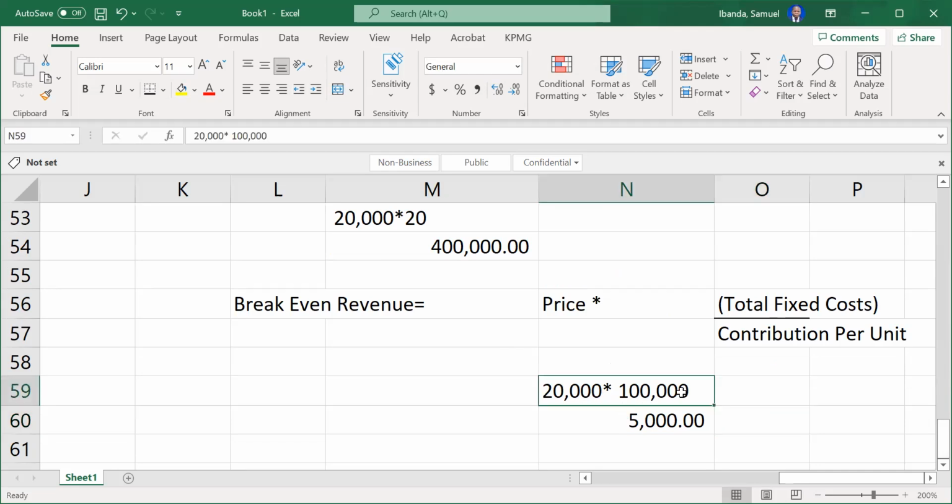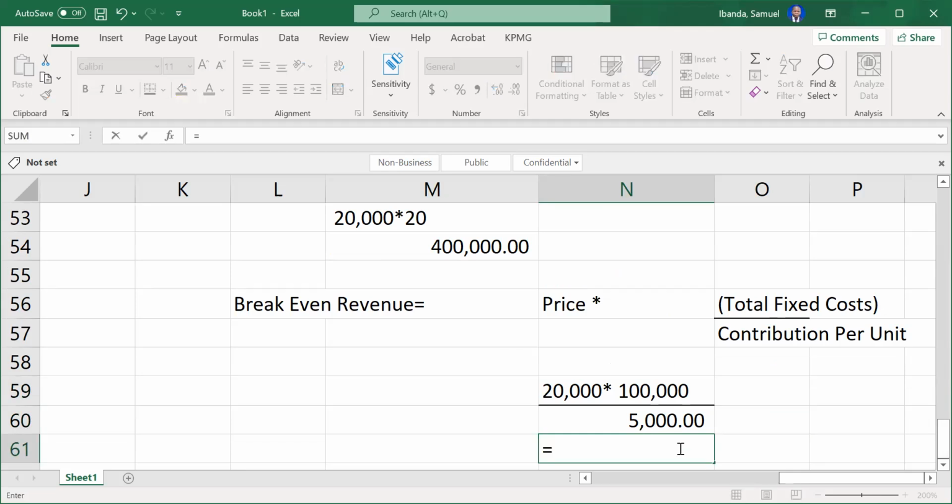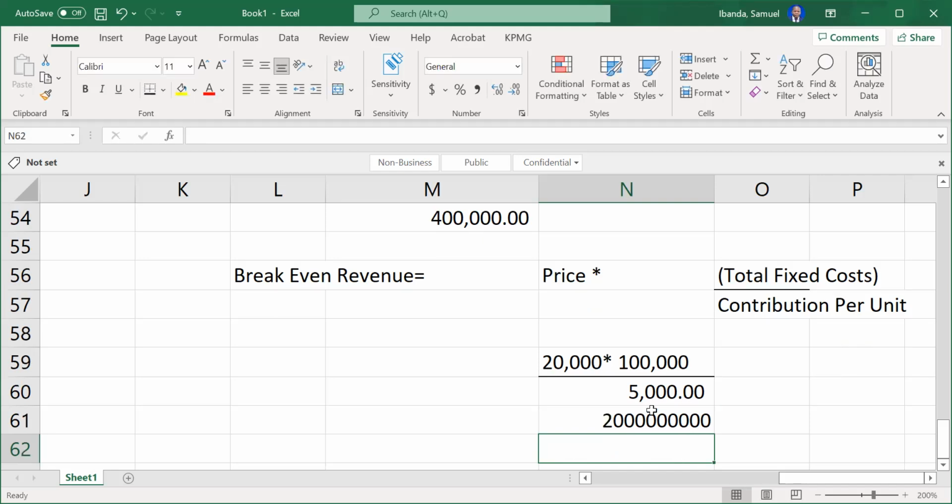So what I'm going to get here, 20,000 times this divided by this. Okay, let me just do it here. So this will be 2 billion. Hope we've done the right thing.